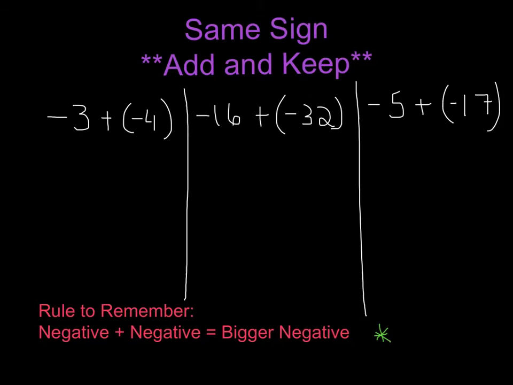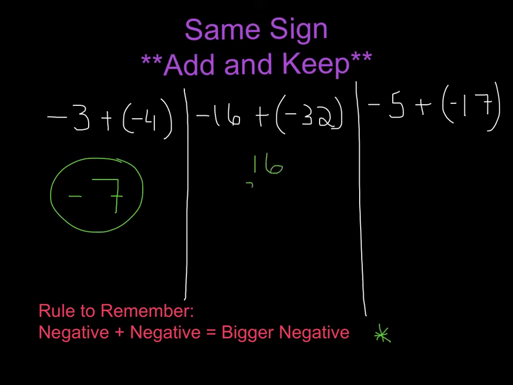Here are three examples, starting with -3 plus -4. So you're getting a bigger negative. So 3 plus 4 is 7, and it's a bigger negative, so -7. Okay, -16 plus -32. We want to add them together because it's going to get bigger.